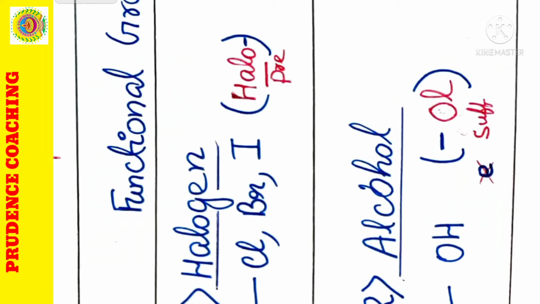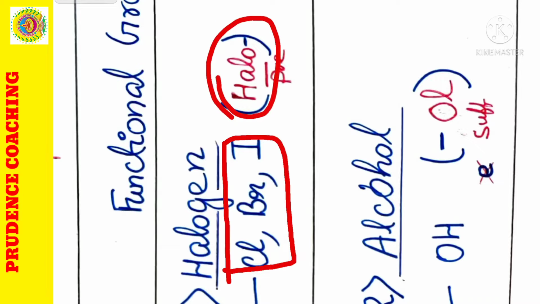So as you can see, in a halogen functional group, if you find chlorine, bromine, iodine like this attached with the hydrocarbons, then halo will come as the prefix. Prefix means before the name of the element that you have written. So let's write it.